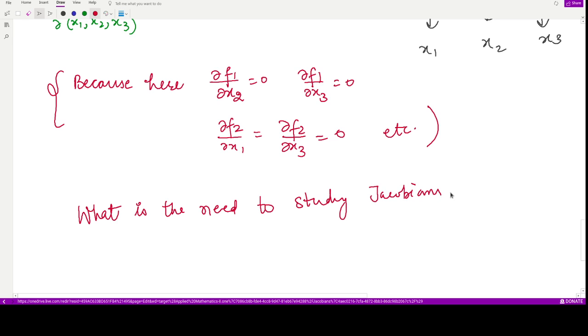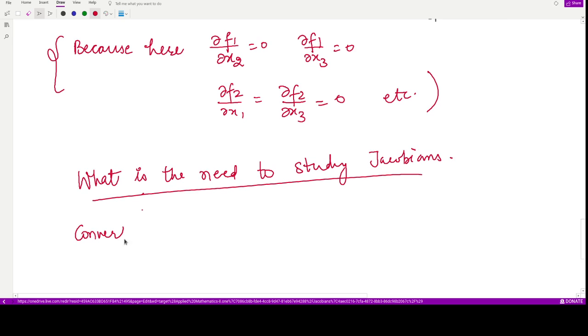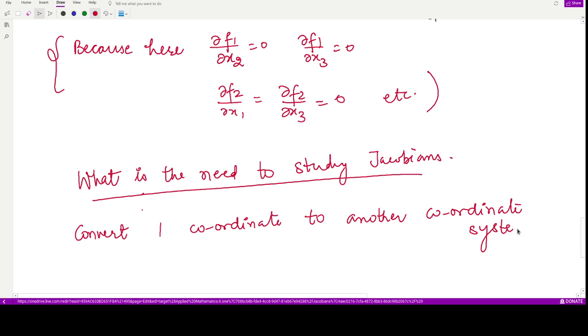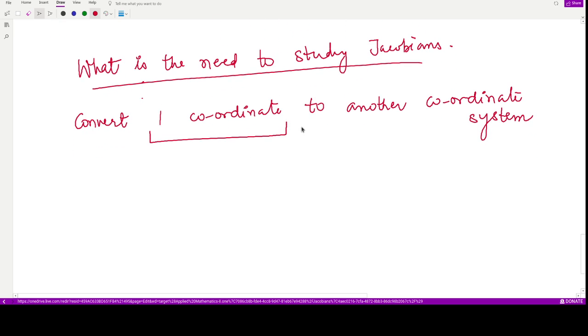In many engineering applications, when you convert from one coordinate system to another coordinate system, you need to see what change is occurring when you move from one coordinate system to another. That is what the Jacobian tells you.